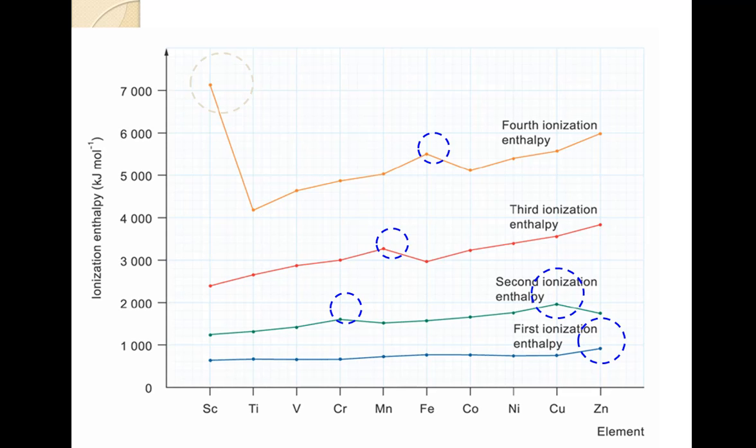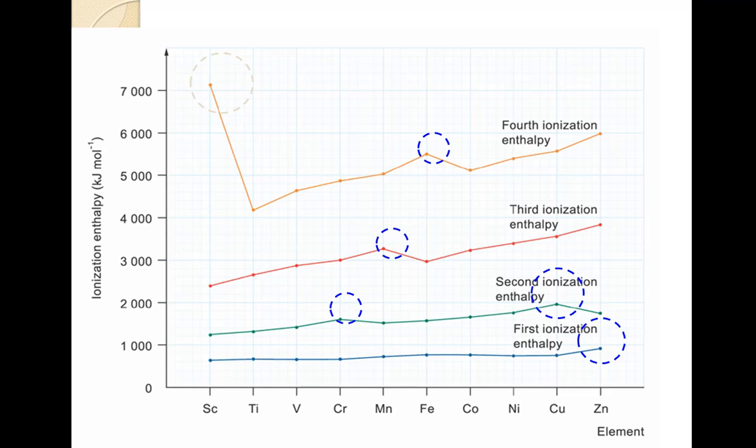After removal of the first electron, suppose you want to remove the second electron, meaning we are talking about the second ionization enthalpy. You can see for chromium, the second ionization enthalpy is slightly higher. Now what is the electronic configuration of Cr+?